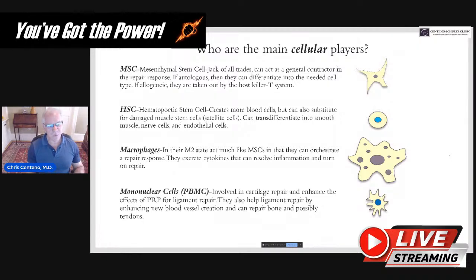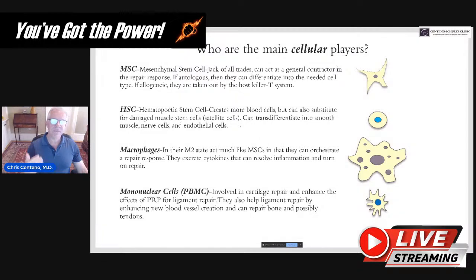Then we go to hematopoietic stem cells. These are found primarily in bone marrow, and they can substitute for damaged muscle cells. They can also differentiate into other types of cells. So if you had a muscle or nerve problem, HSCs wouldn't be a bad thing to have available.